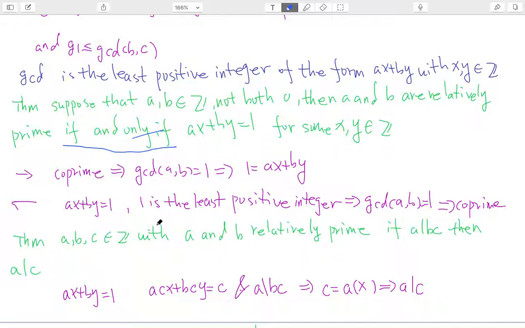Conversely, if ax plus by is equal to 1, we have seen that 1 is the least positive integer. So that means the greatest common divisor of these two elements is indeed equal to 1, and that implies these two elements are coprime or relatively prime. And that ends the proof.